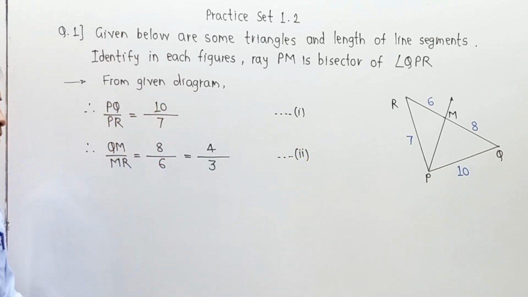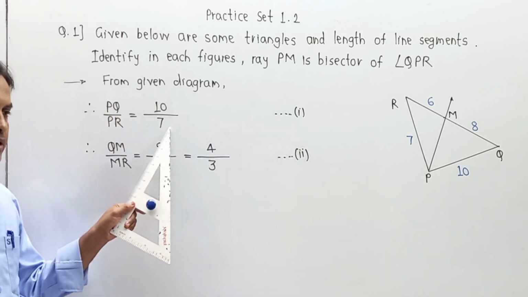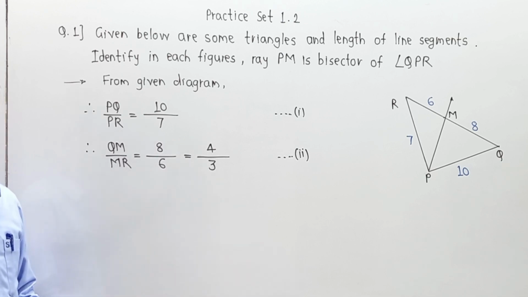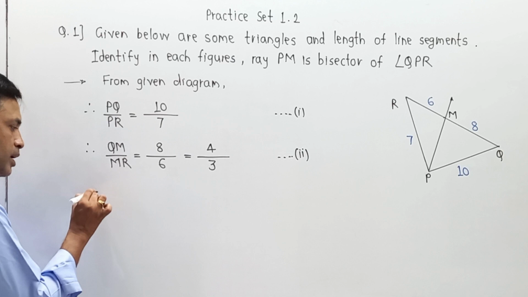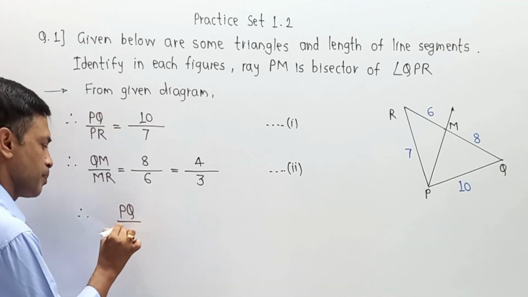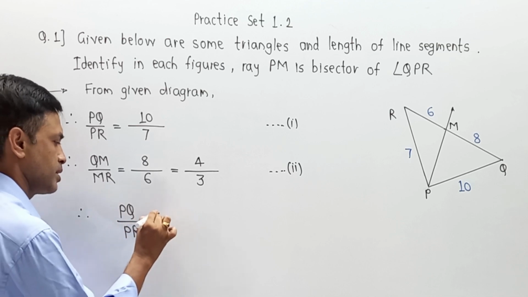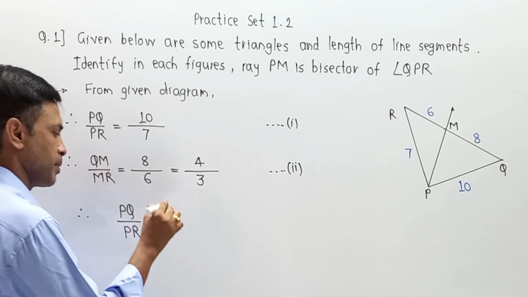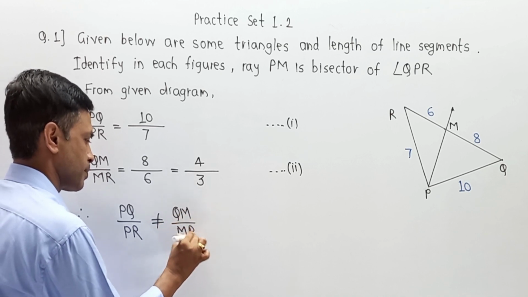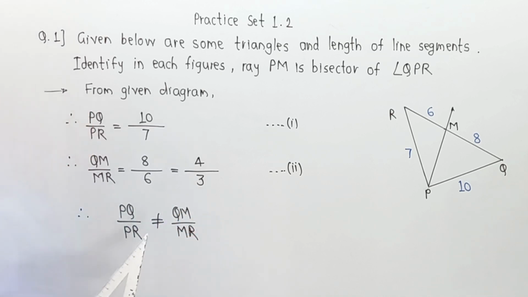From this calculation we can say that our first value is 10 upon 7, the second value is 4 upon 3. Definitely it is not equal or not the same. Means my logical condition is PQ upon PR is not equal to QM upon MR. Naturally we have introduced the not equal to sign, remember it very carefully.